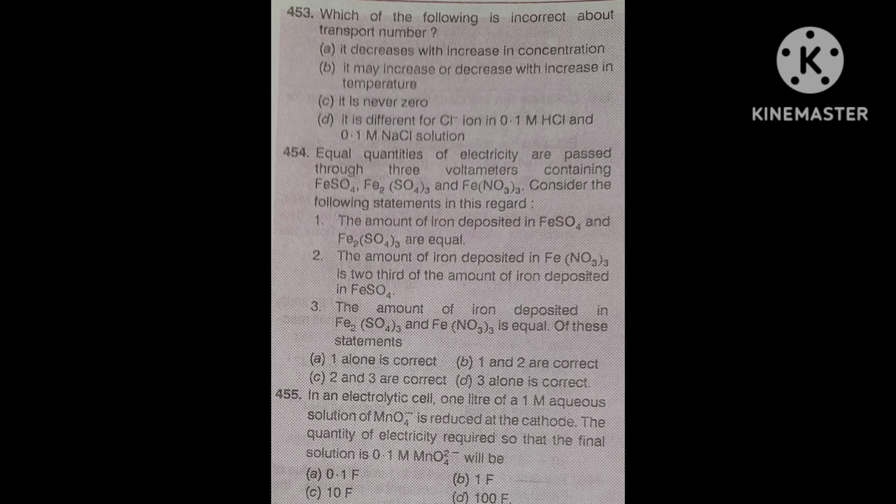Fourth, it is different for chloride ion in 0.1 m HCl and 0.1 m NaCl solution. This will take less than 30 seconds. If your concept is clear, it will take less than 30 seconds just to think. After that I will give a hint or explanation.